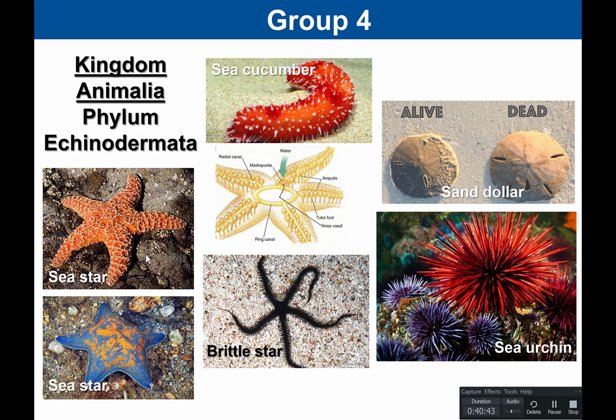They do start as bilateral symmetry, but they finish as adults with radial symmetry. A shared characteristic for this would also be a water vascular system. And another shared characteristic, these are aquatic, right? They live in water. Notice there's even a picture here. Here's the water going in. It has a water vascular system.